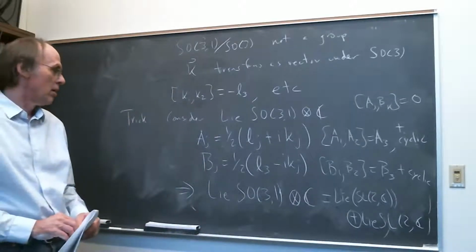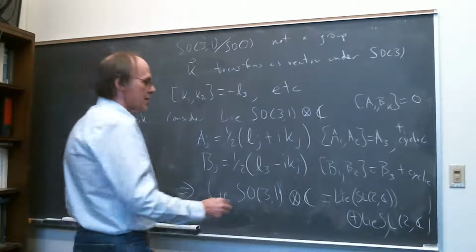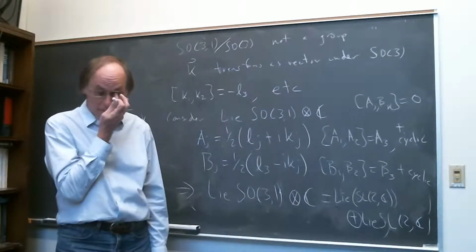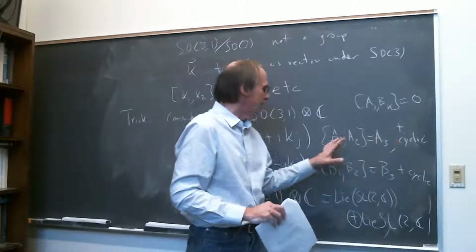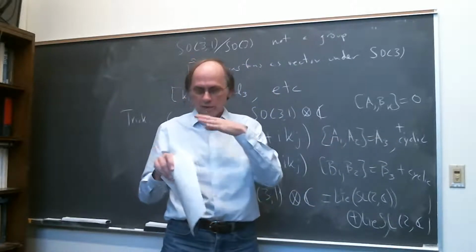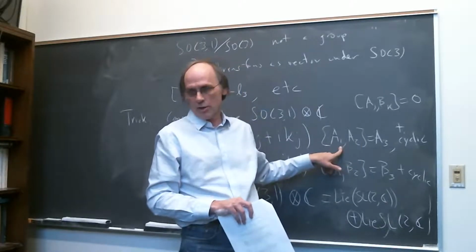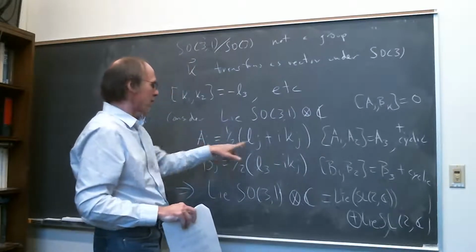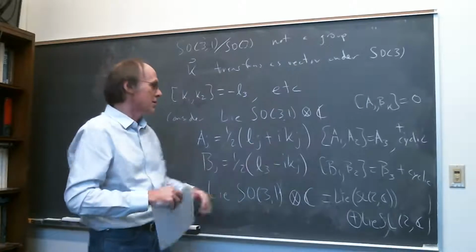Question about the right hand side: why did you write SL instead of SU? Because it's complexified. If you think of these as three directions in a real Lie algebra, these are the commutation relations for SU2. But I'm throwing in complex coefficients.